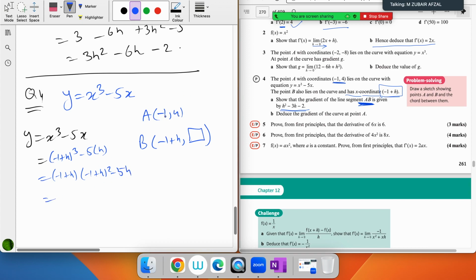We already have A. I'm finding the y coordinate of B. This y coordinate is unknown, found by substituting the x part in x. So (-1 plus h) square is a square minus 2ab plus b square, minus 5h. Then multiply these two brackets. -1 plus 2h minus h square, h with this, h minus 2, yes.